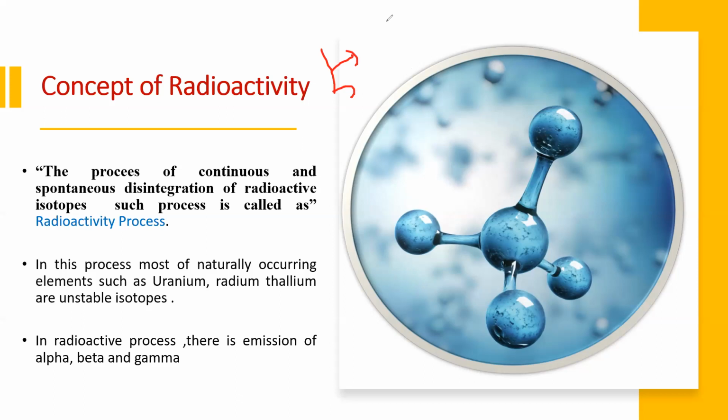As you see, in the case of Hiroshima and Nagasaki, the USA used this concept of nuclear energy, and there was a very harmful effect on Japan, on the cities of Hiroshima and Nagasaki. So it is very dangerous from some points of view.